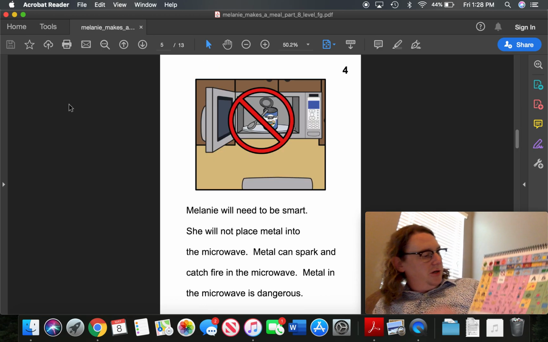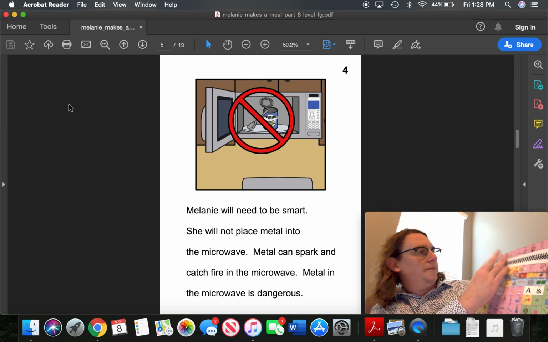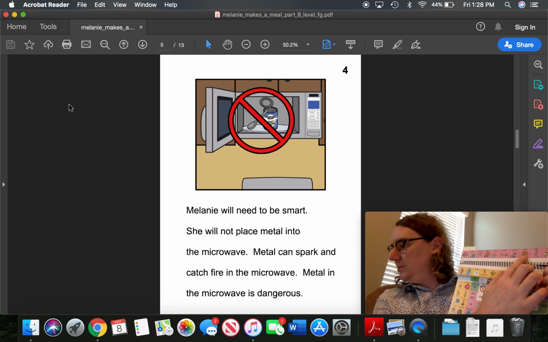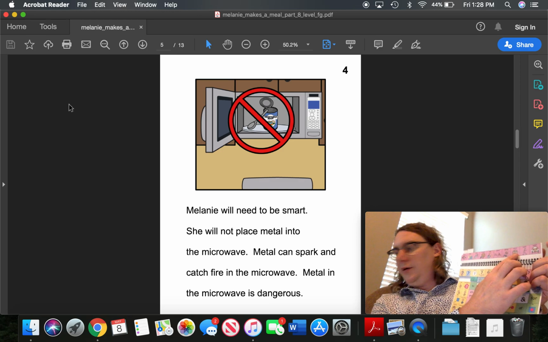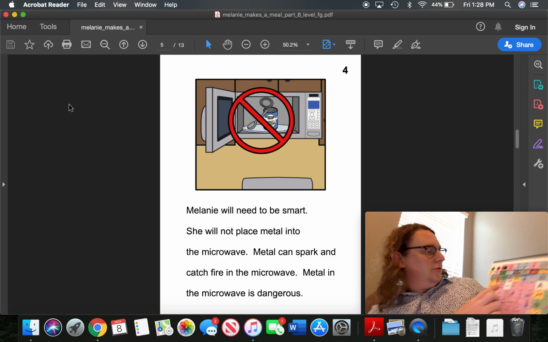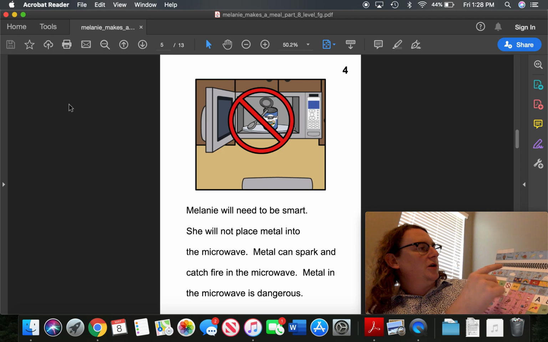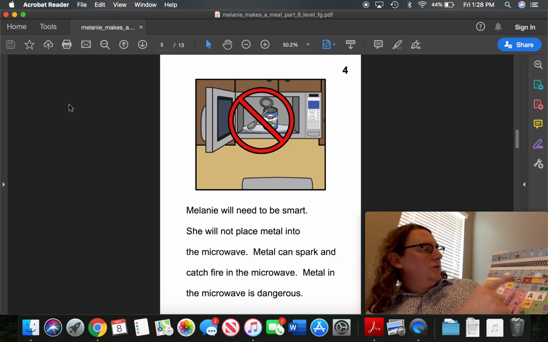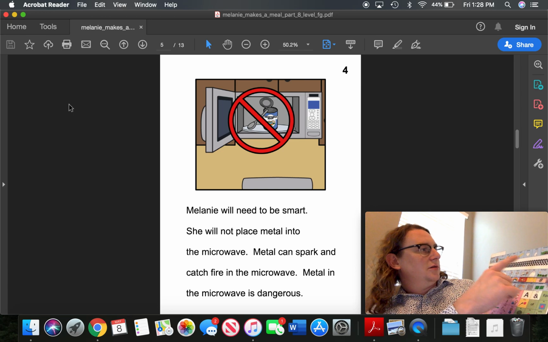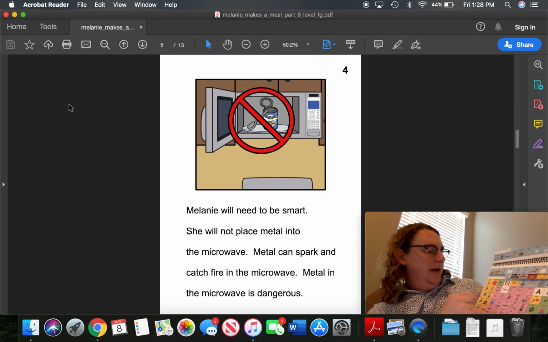Going on to our next page, again, you can say she needs to think. She needs to be smart. She needs to think. She will not put something, this is where we're going to talk about metal containers, hard and shiny in it.